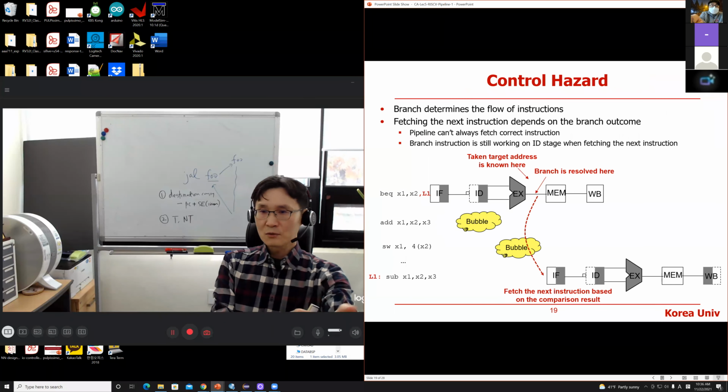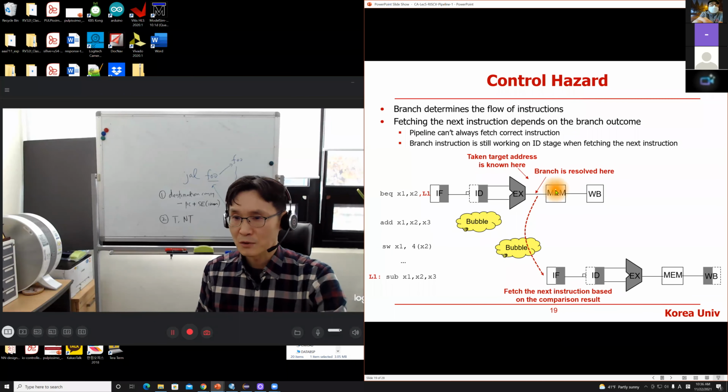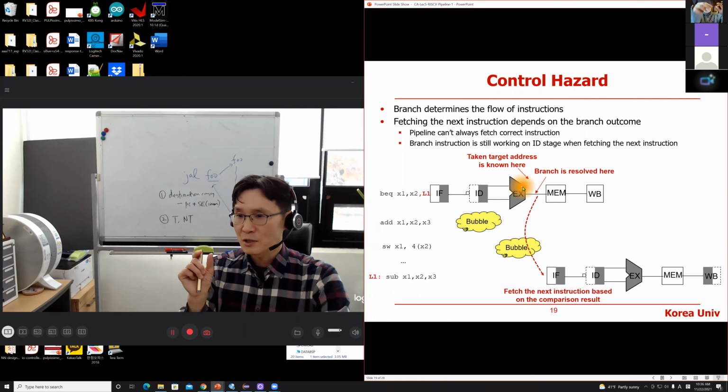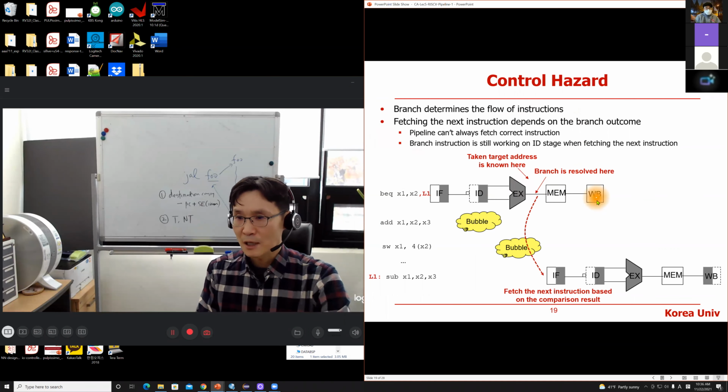If you encounter this control hazard problem, we have a performance issue. We want to finish each instruction in one clock cycle. Assume you have many instructions beforehand, and at this clock cycle a branch instruction is done. On the next clock cycle, we want to finish the next instruction.